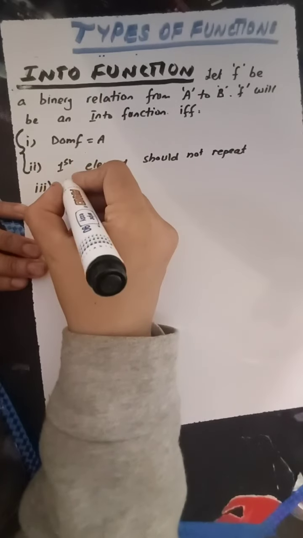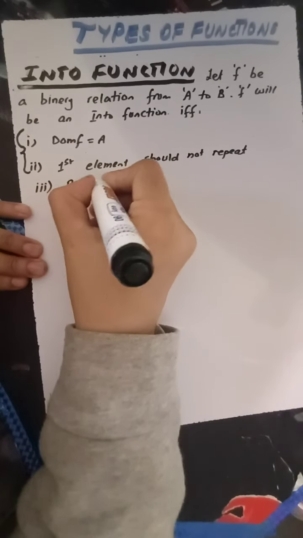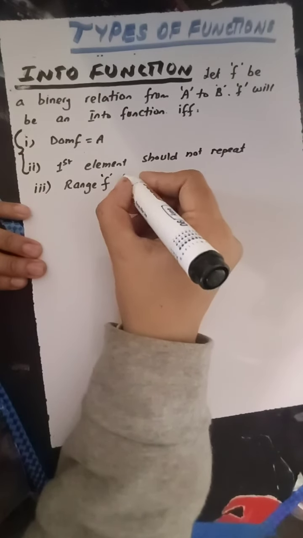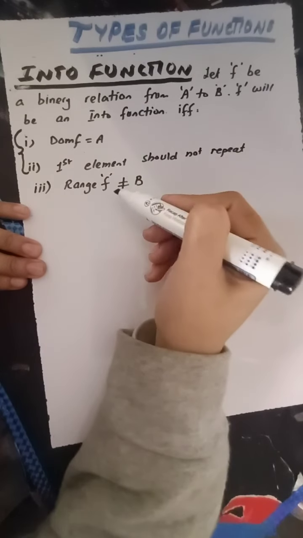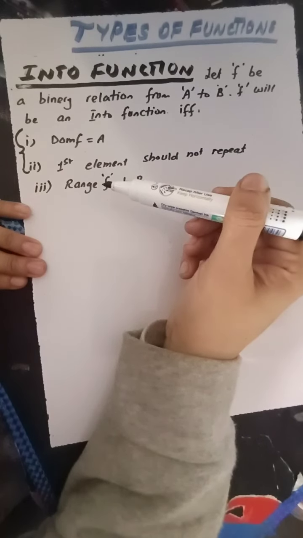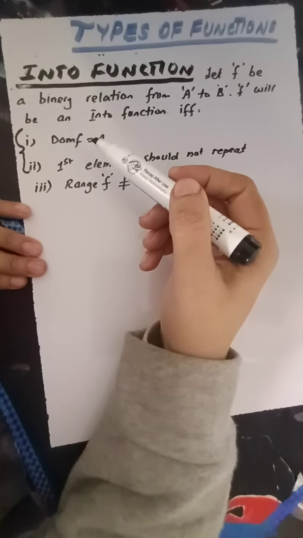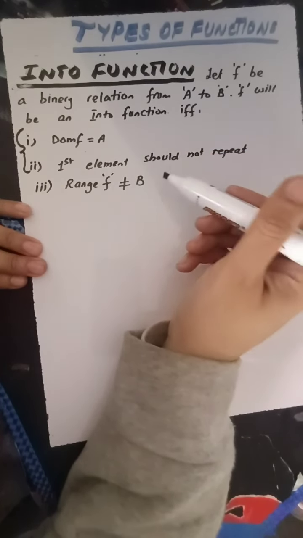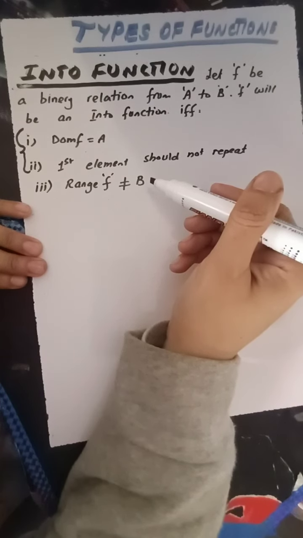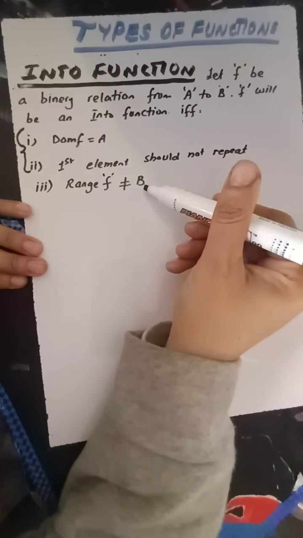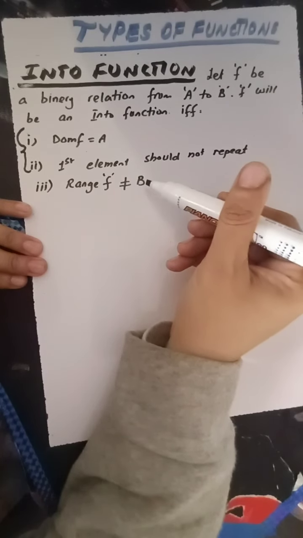In into function, the range of the binary relation which is given to f should not be equal to B. We know that the second element is taken from the set B, and if you make a set of the second elements in a binary relation, then that gives us the range of the binary relation. So for the given function to be an into function, you need to check whether the range of that function is equal to B or not. If it is not equal to B, it's called into function.